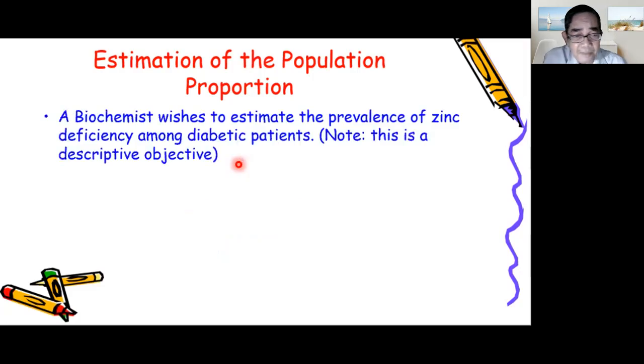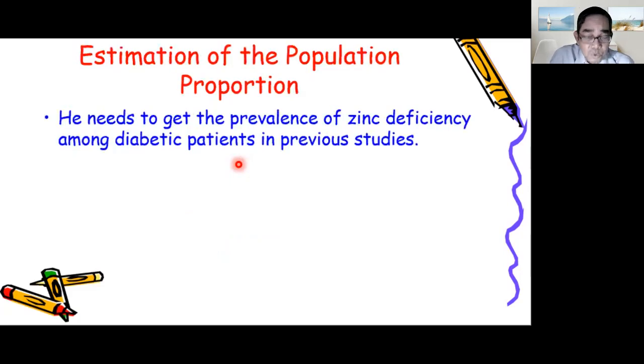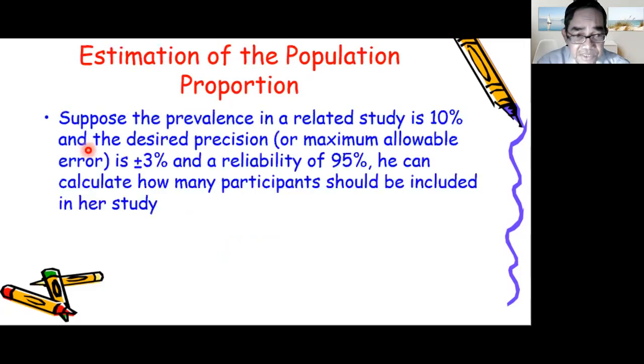Now, let's give an example. A biochemist wishes to estimate the prevalence of zinc deficiency among diabetic patients. So again, this is a descriptive objective. Now, to calculate the sample size, if that is the objective of the study, he needs to get the prevalence of zinc deficiency among diabetic patients in previous studies.